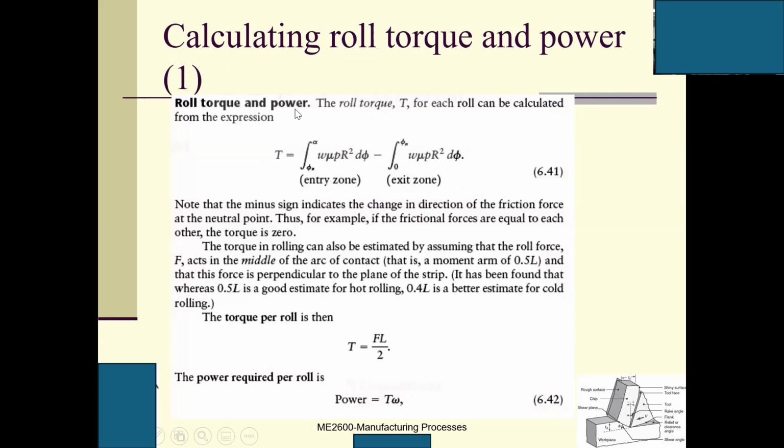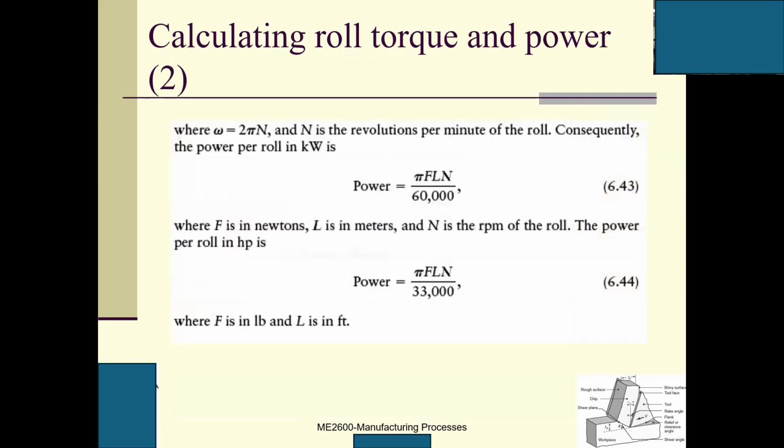The roll torque and the power, we use this. This is the torque, the entry zone minus the exit zone. So torque can be calculated using this equation. We know the power required per roll is given by this equation. The power can be given in kilowatts, or if we use horsepower, we use this.